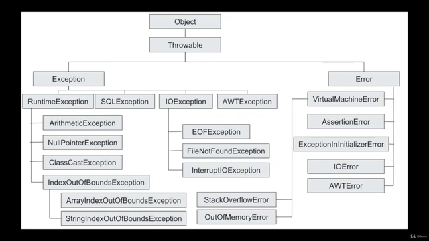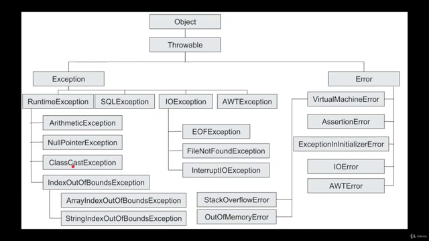You can see from the diagram that it completely has the inheritance concept in it. We have used inheritance here extensively. What this means is if you are trying to use the class cast exception class, you can access the methods that are defined in the exception class using the object of class cast exception.